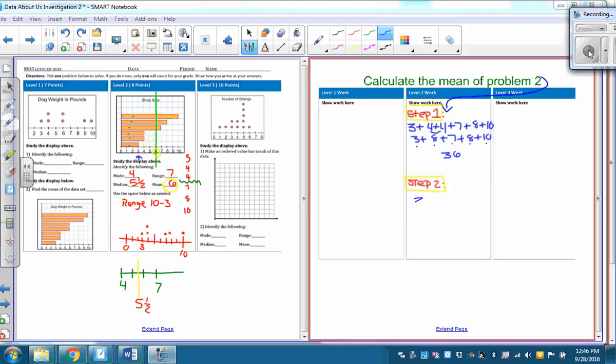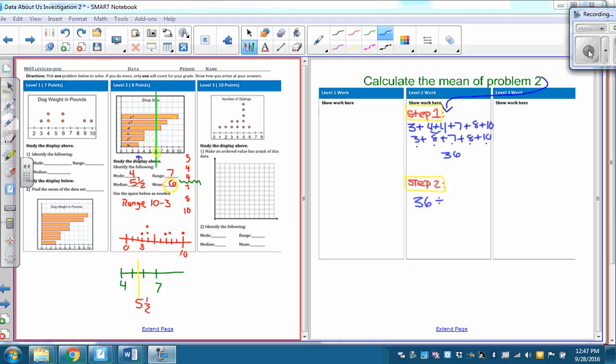Step 2, Ava, you take your 36, and you divide by the number of shoe sizes. Each shoe size there is like a person. So there's 6 data points.